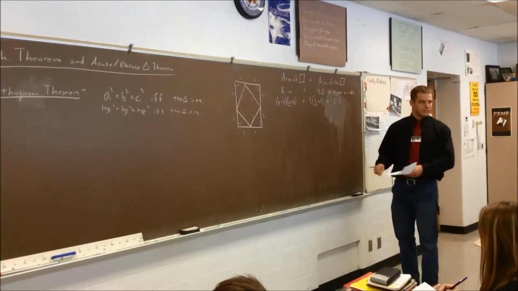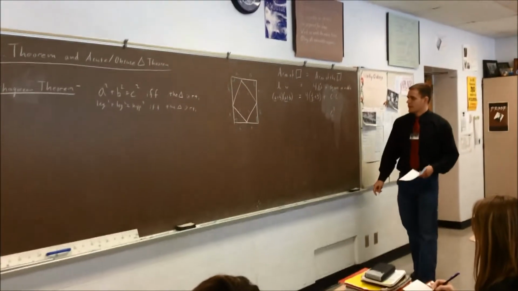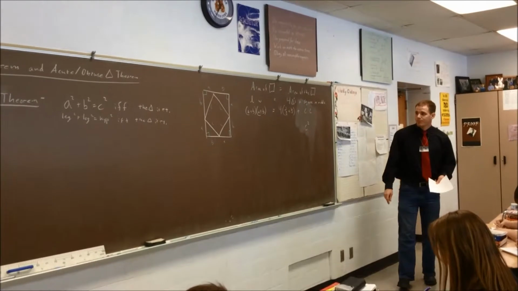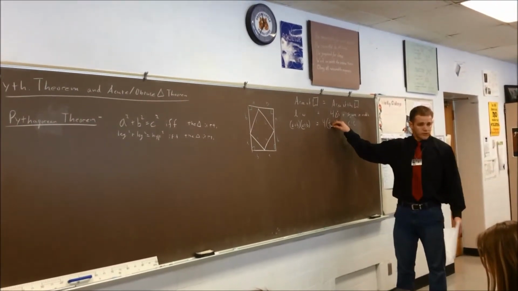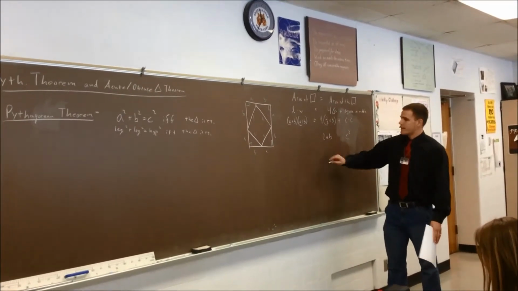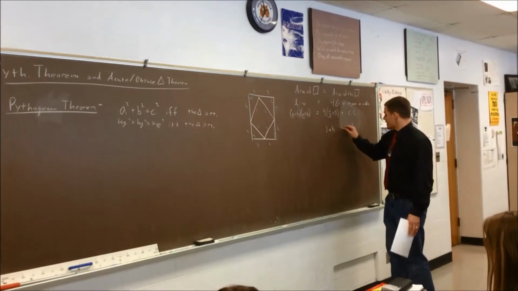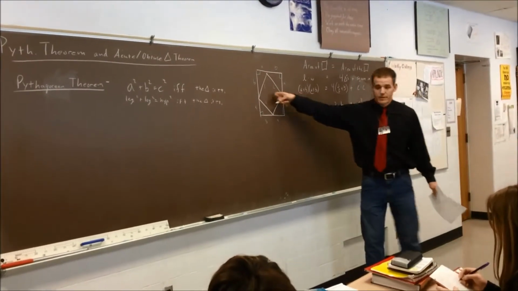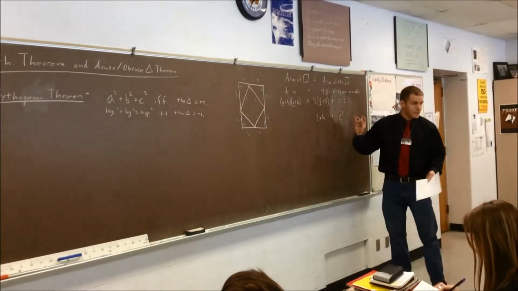Interesting, yes? C squared. So what's 4 times 1/2? 2. So 2AB gives me the area of all of these triangles, doesn't it? C squared gives me the area of this thing in the center. So that adds up to the whole thing.